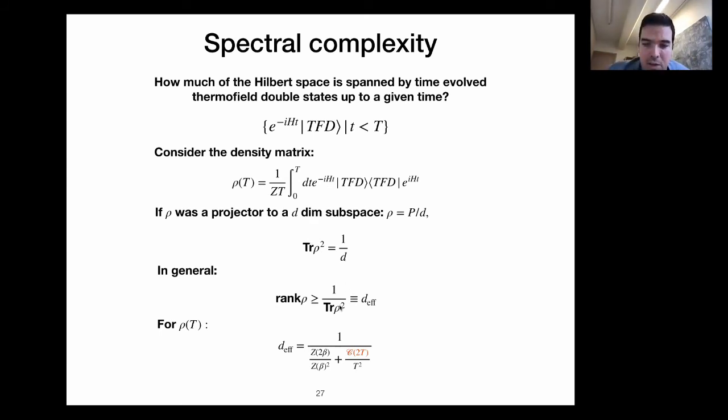Why it's a nice quantity is that for this state you can go ahead and compute it. You get some formula in terms of the spectrum, and what you get depends on the partition function, and what appears there is this spectral complexity that comes out from gravity. It's not exactly the same thing, but one is a function of the other.